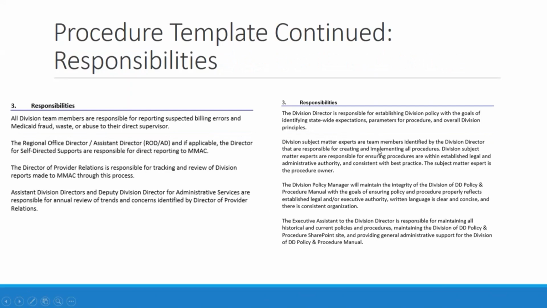You'll see that these are pretty short and sweet. Tell me, if I am the division policy manager, what is my role, my basic overall responsibility for this procedure? I want to know that going in so that I can have that context as I'm reading through the procedure.